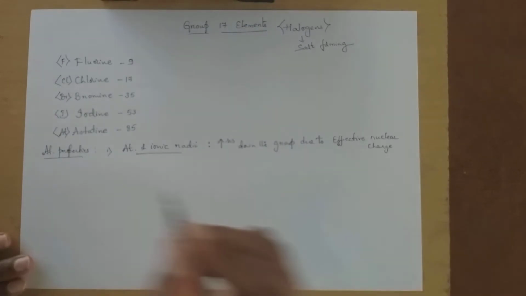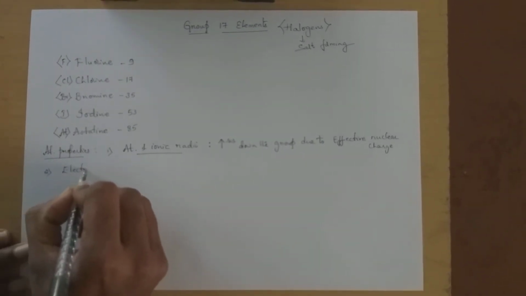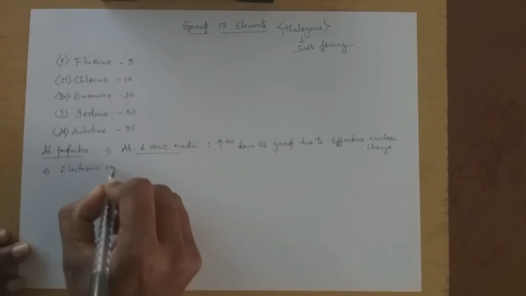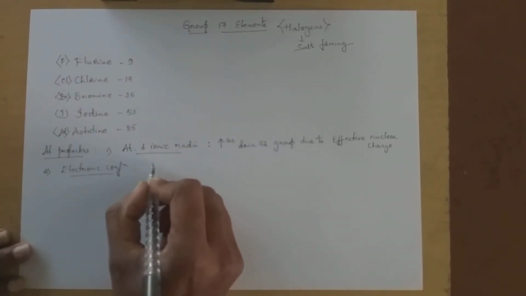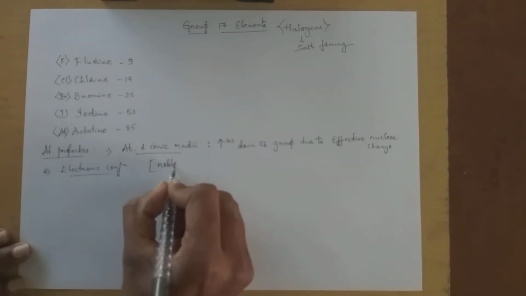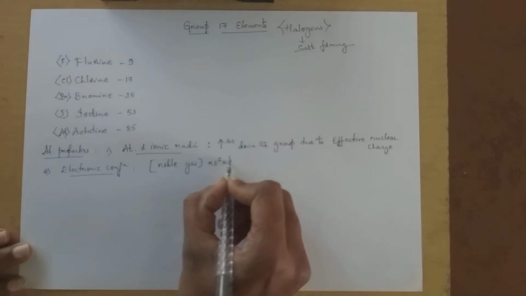Then coming to electronic configuration. As we already know, the outermost electronic configuration of these elements is noble gas ns2 np5.